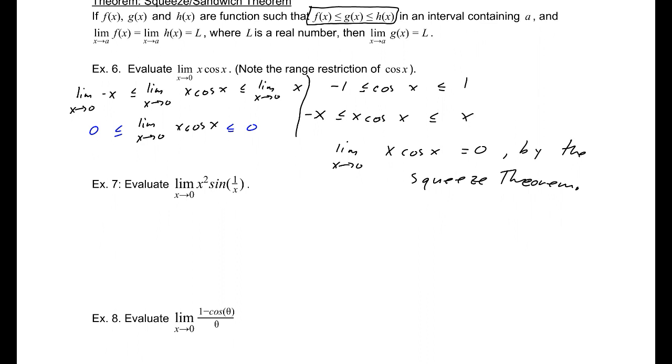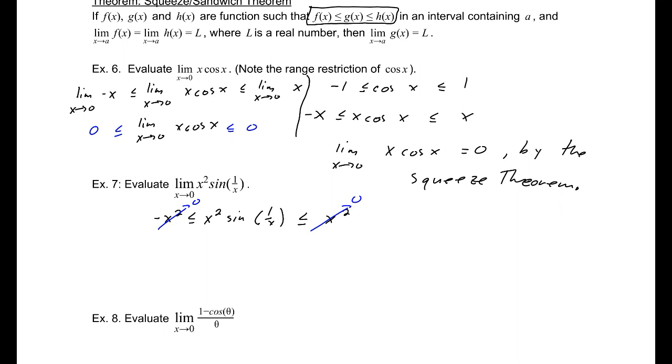Okay. So this next one, I'm going to go ahead and observe that x squared times sine of 1 over x is between x squared and negative x squared. We want to know the limit as x goes to 0. The outside function goes to 0. The inside, or the upper function, goes to 0.